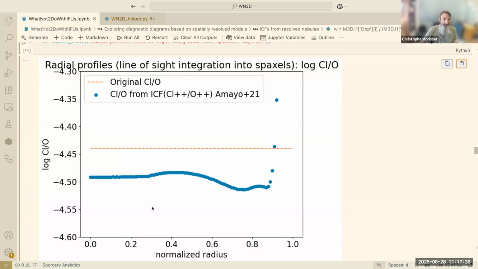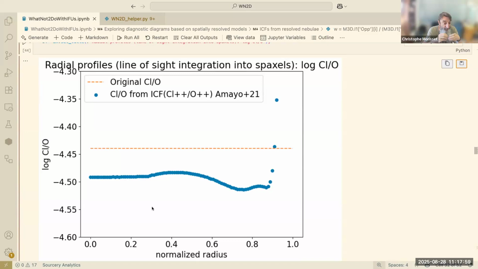The point here is that the main idea behind the ICF is that you will look in a grid of models. ICFs are based on models. You will look for regions in a grid of models where the ionization is close to your object.